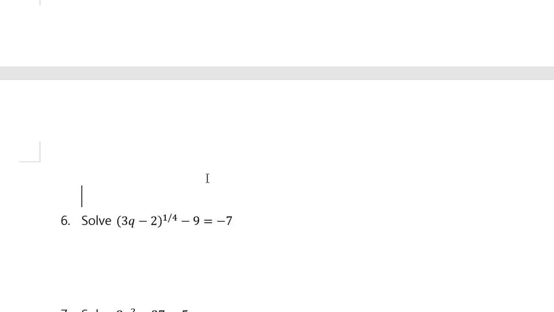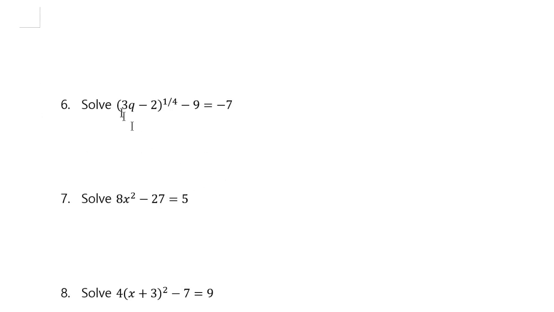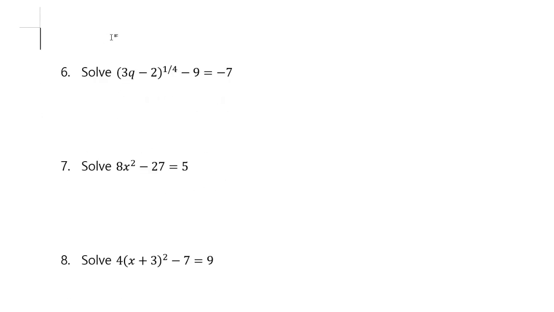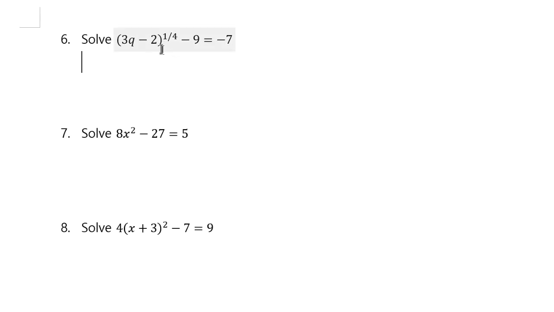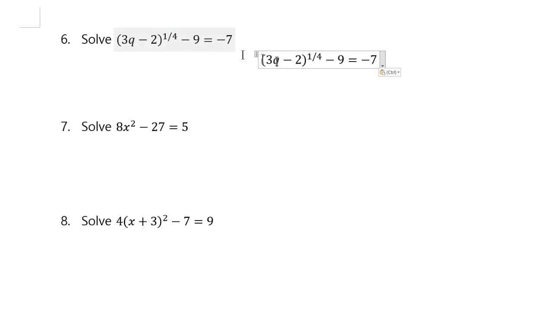Okay. All right, number 6. So what if you have a fractional power? Remember, this 1/4 power is the same as 4th root. I can try to solve this by first adding 9 to both sides, which gives you 2 here, right?